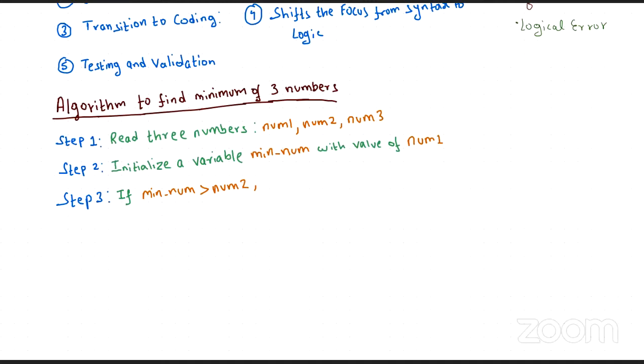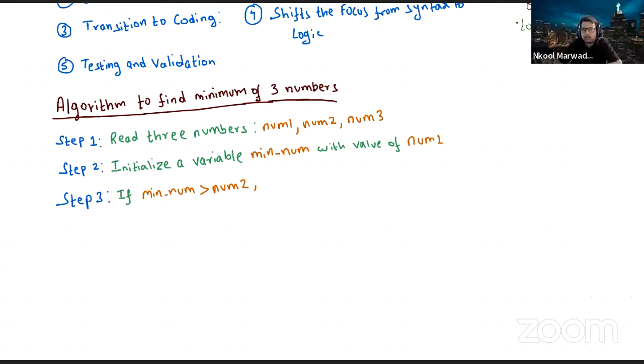It means that num1 has failed the test, so num2 should be the minimum number. Then we will set minimum number is equal to num2.